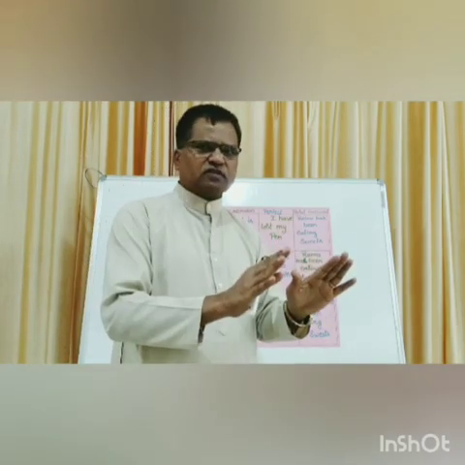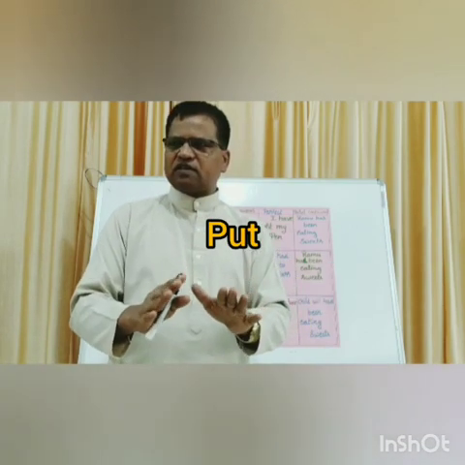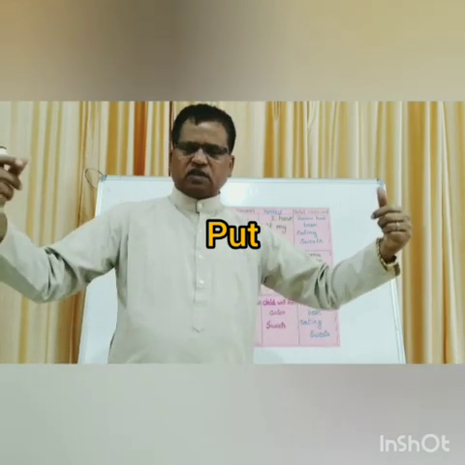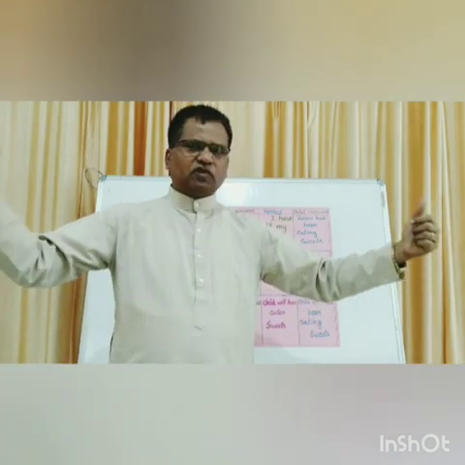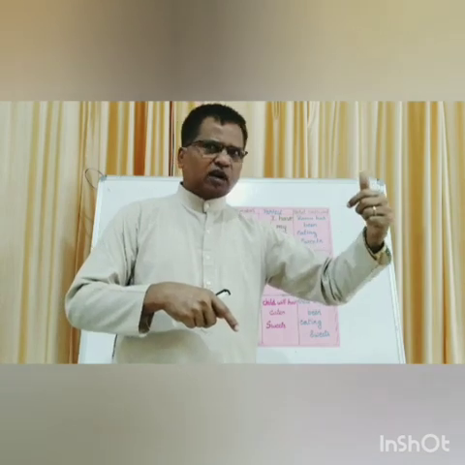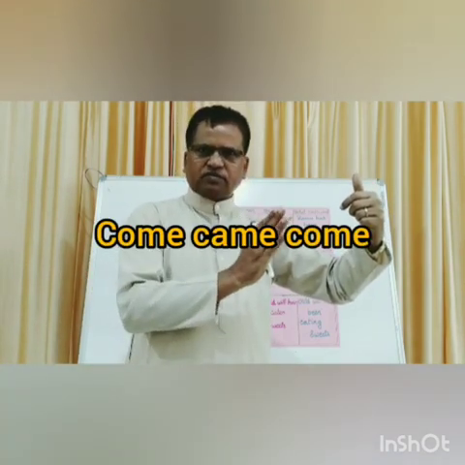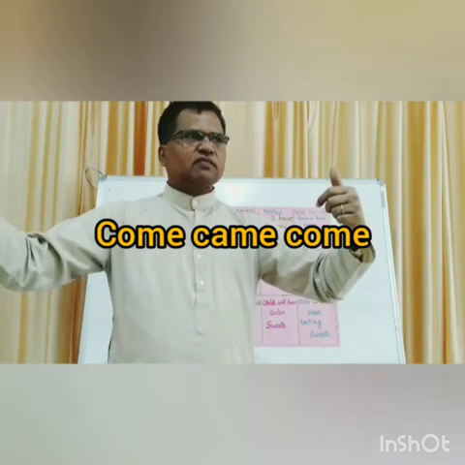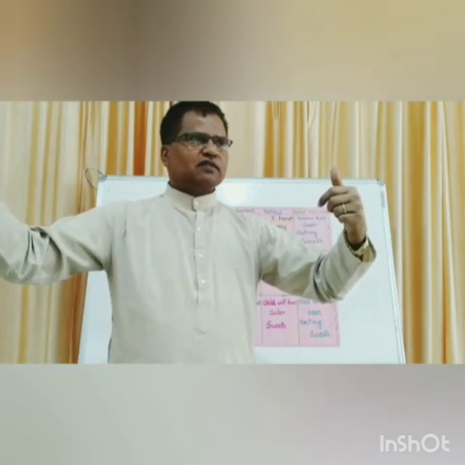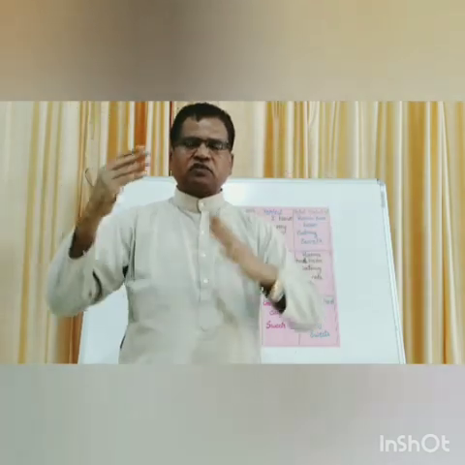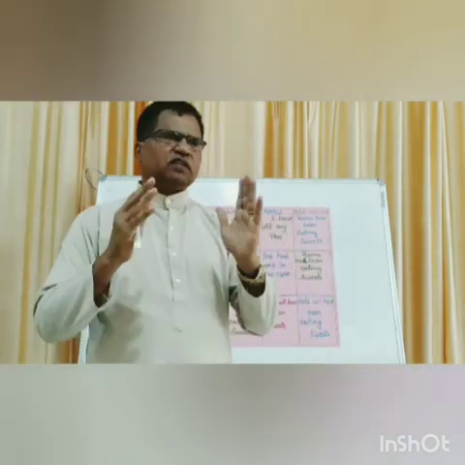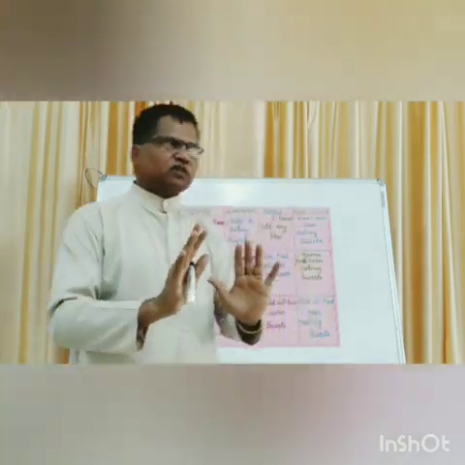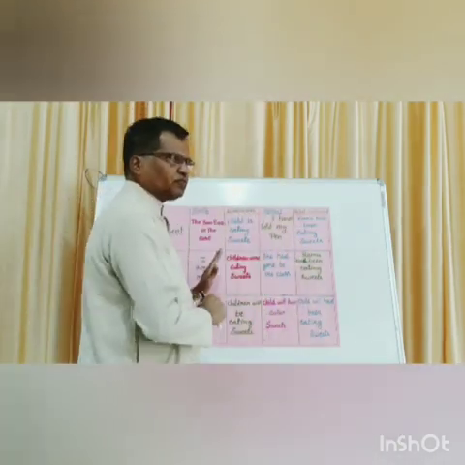For example, put, present; put, past; put, past participle. Sometimes the first and third are the same, and only the second changes. Come, present; came, past; come, past participle. So these 3 forms of the verbs you need to know by heart. There are many. Every verb has this type of 3 forms. We need to know them. So this is the background for us to go about these things now.